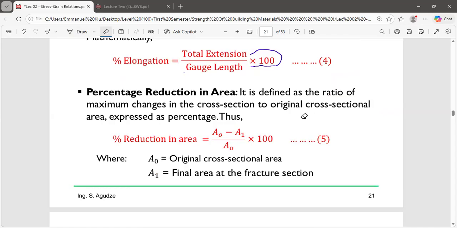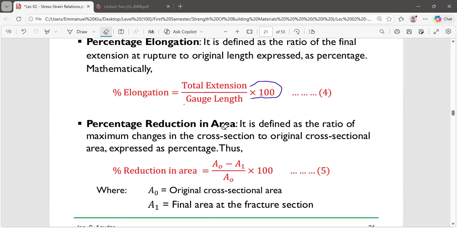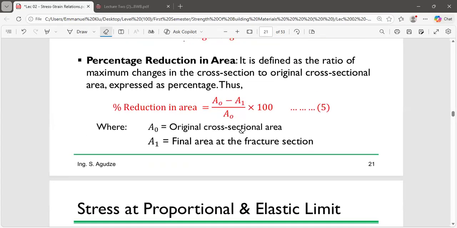This is also the percentage reduction. Your percentage reduction is defined as the ratio of maximum change in the cross section to original cross-sectional area, expressed as a percentage. That is as you are seeing over here.